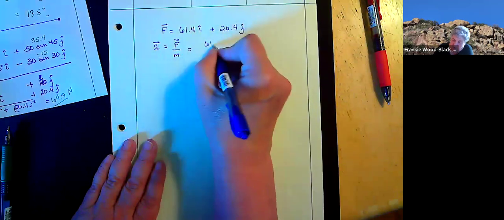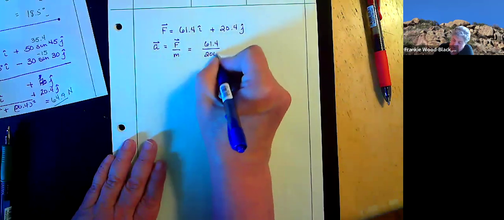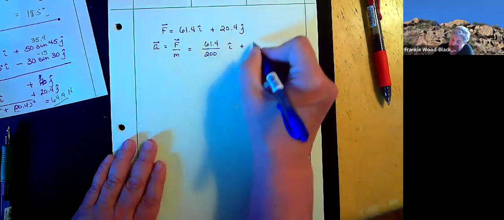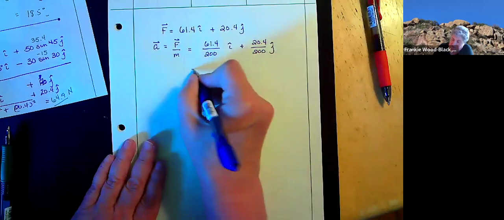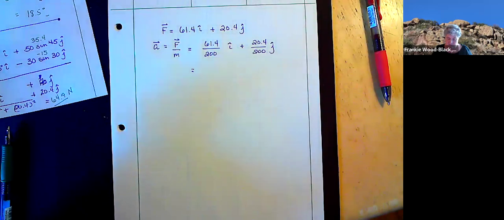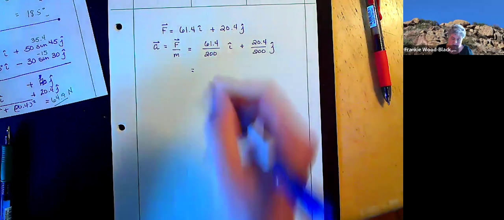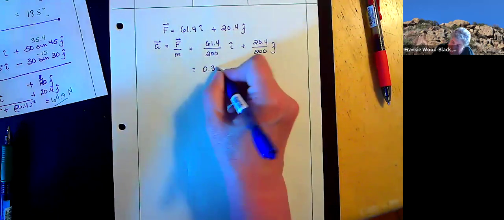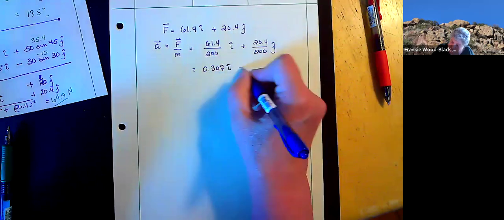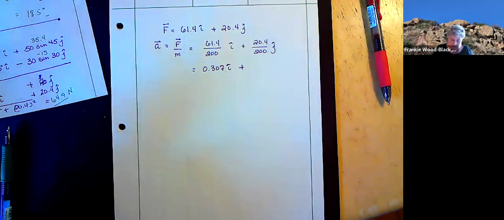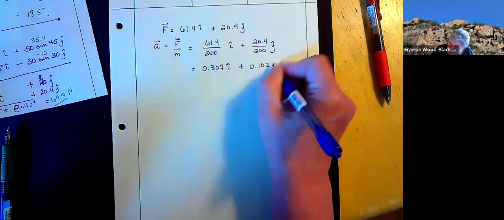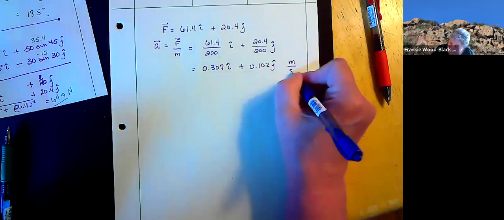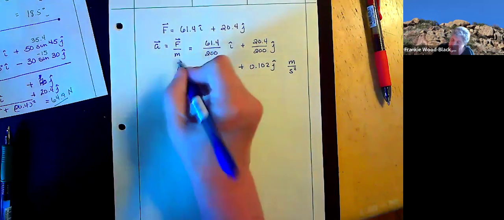So I'm going to get my 61.4 divided by 200 I plus my 20.4 divided by 200 J. That gives me 0.307 in the I direction plus 0.102 in the J direction, in meters per second squared. And that's my acceleration vector.